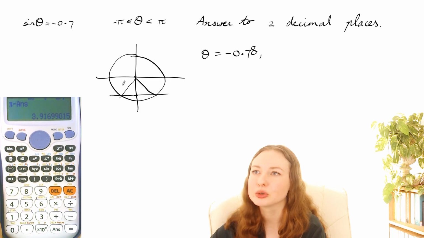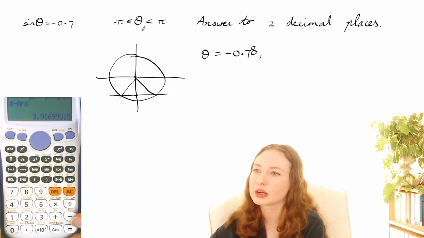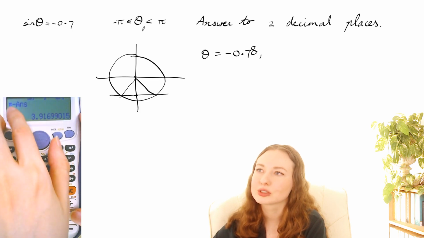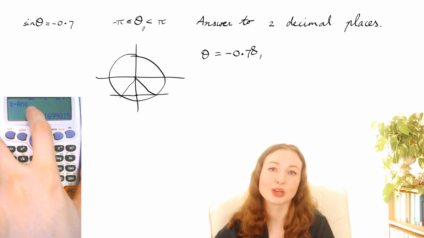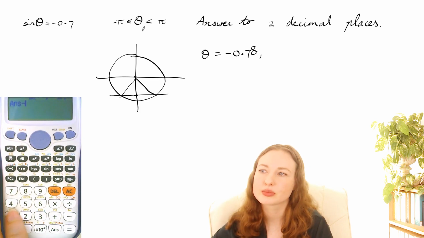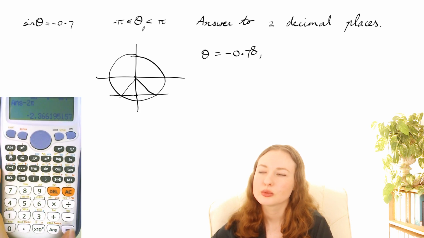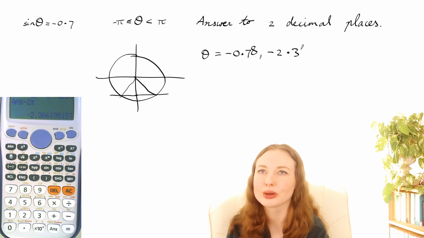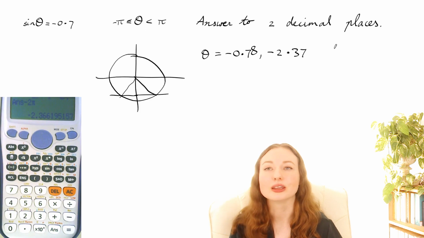So what we'll have to do to get it in that range is subtract 2 pi from it. So you might notice that an easier way to do that would have been negative pi minus the answer, which also makes sense. So if you thought of that, that's fantastic. But it doesn't really matter as long as you get there in the end. So negative 2.37 would be the answer to that one.